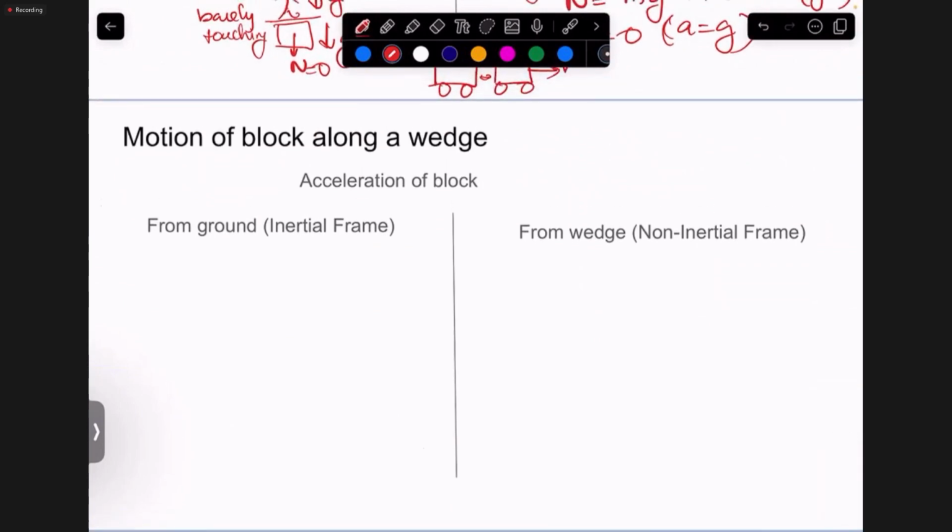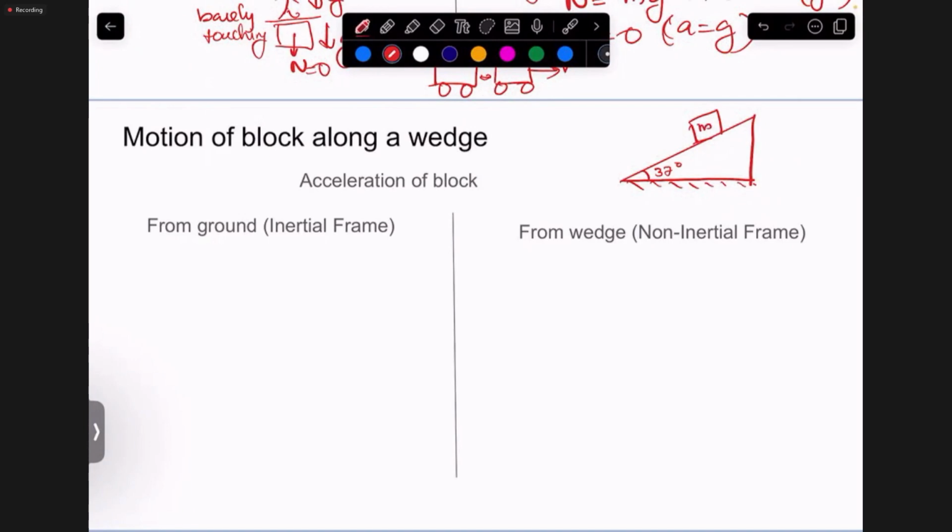What will happen when a block is placed on a smooth surface of a wedge? We have solved similar kinds of problems before. This is a smooth fixed wedge at an angle, 37 degrees maybe, and this is a block M here.